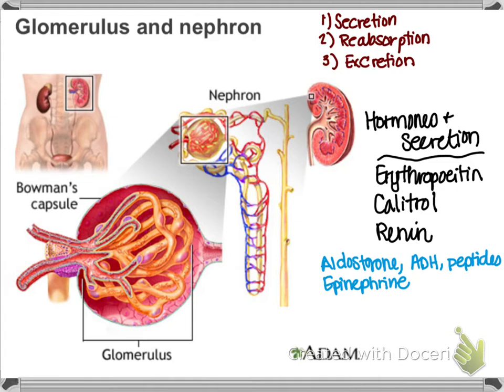Water absorption. So if the tubules are damaged and they're less responsive to your ADH, you're going to have impaired concentrating ability of the kidney. So what do I mean when I say concentrating? Well, if you think of concentrated urine, you think of increased solutes, right?